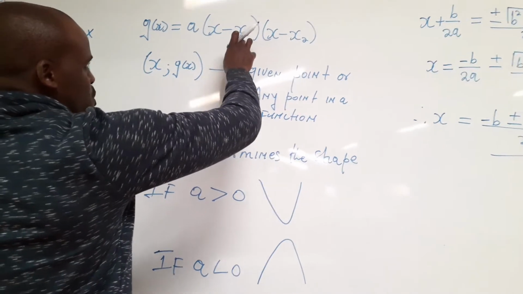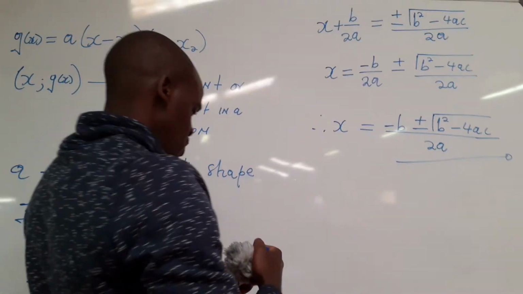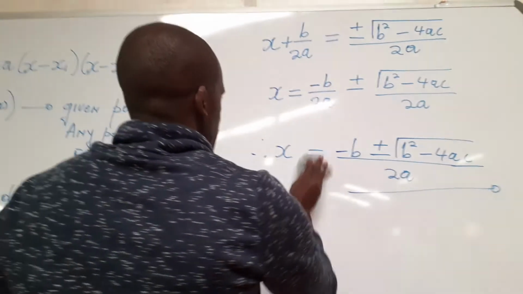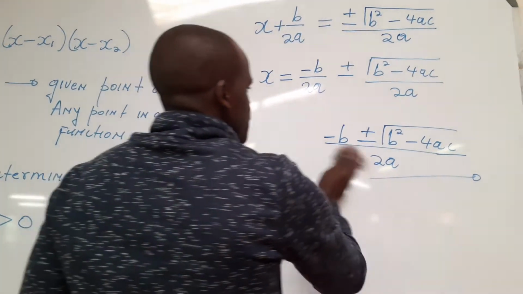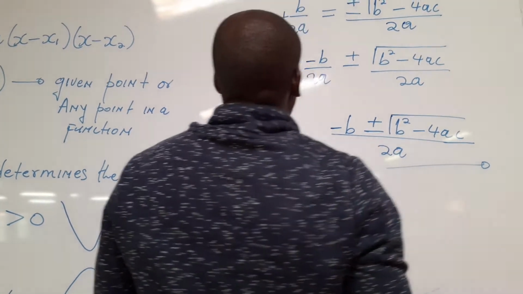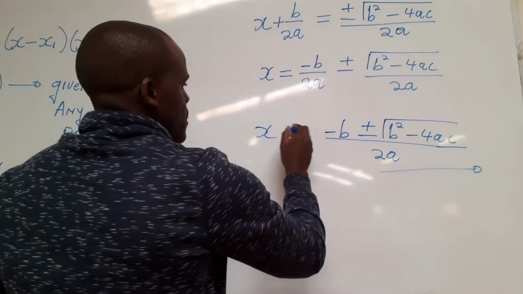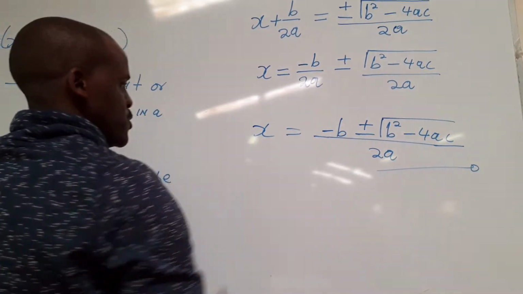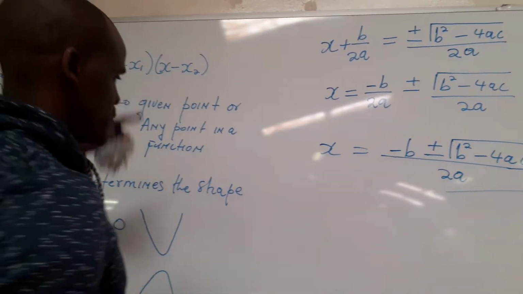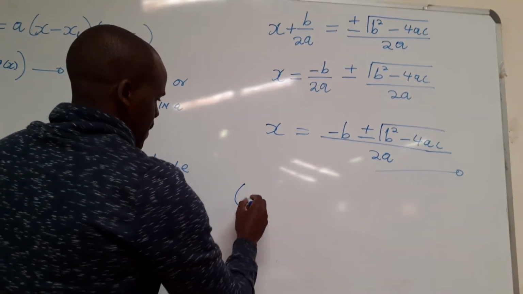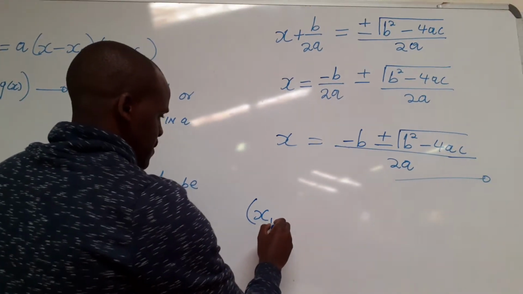Now let's look at x1, x2. If we are to use that example, we've got x1, x2.